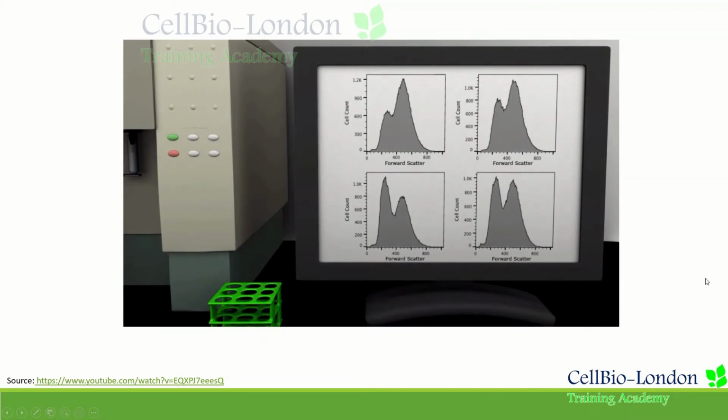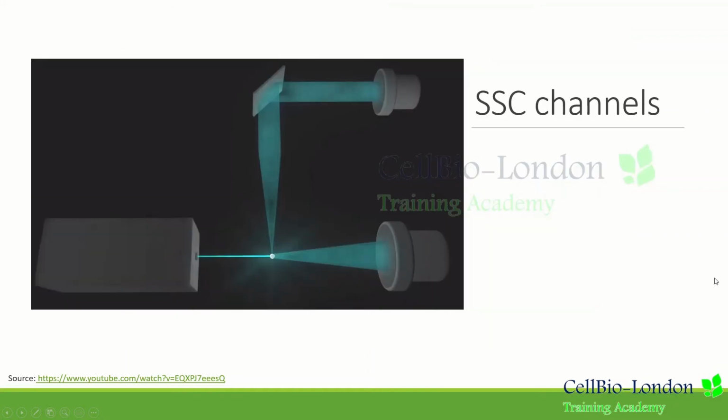Another type of measurement is the side scattered channel, and this is light measured at 90 degrees. When the laser line comes in at the interrogation point, the light is refracted at 90 degrees, and in this case it's called the side scatter channel.